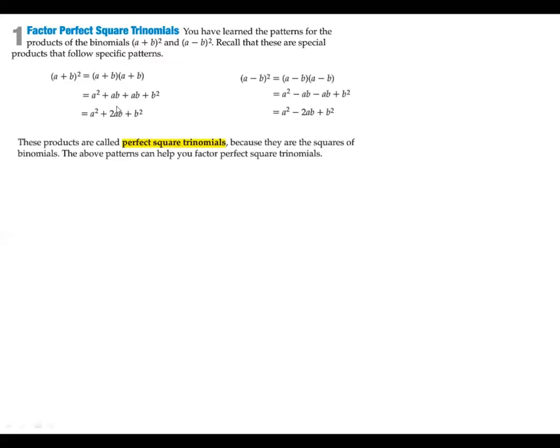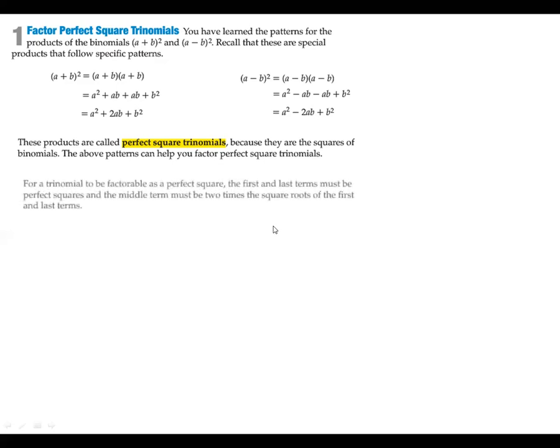And the above patterns can help us factor perfect square trinomials. For a trinomial to be factorable as a perfect square, the first and last terms must be perfect squares, and the middle term must be 2 times the square roots of the first and last terms.